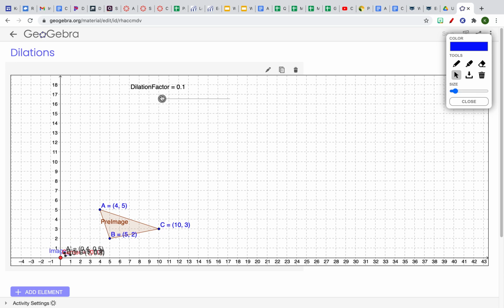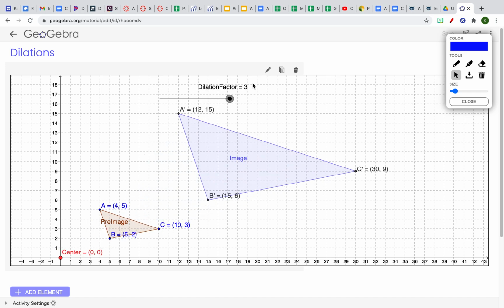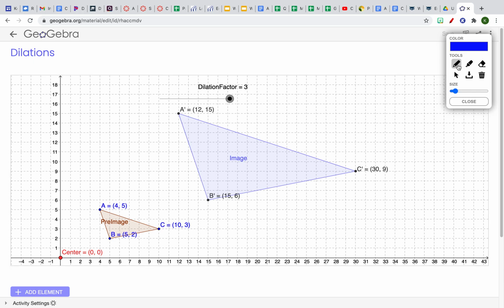Now, if I were to ask you to draw this, if I were to only give you the first one and say, okay, draw it, this is what's happening. An imaginary line is being drawn from the center, the point of dilation, out.